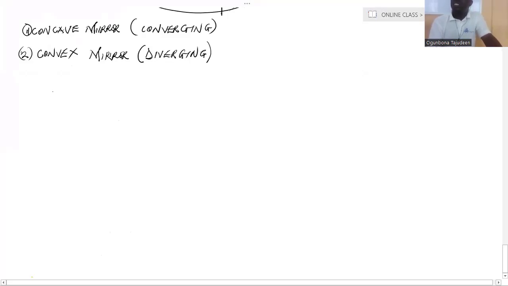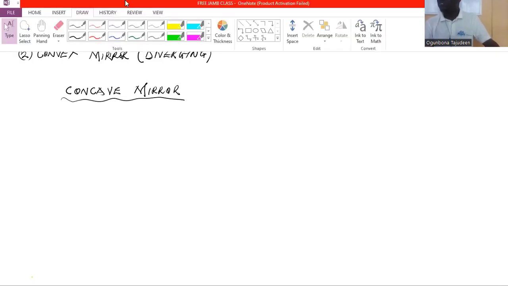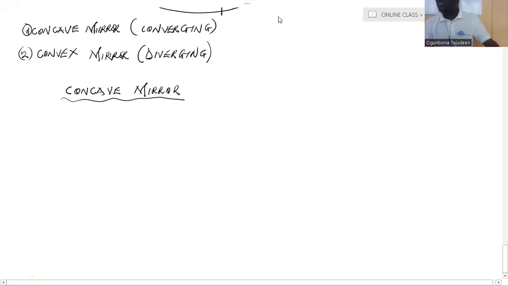Now, what is a concave mirror? The way I explain this one is that it is like a cave.